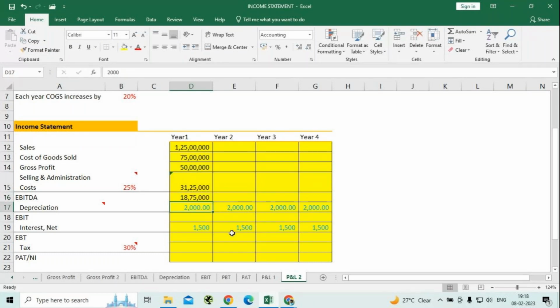The next, depreciation, by default is given as 2000. So the EBIT value will be 18 lakh 73,000.